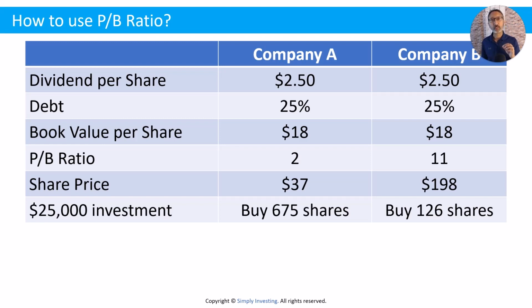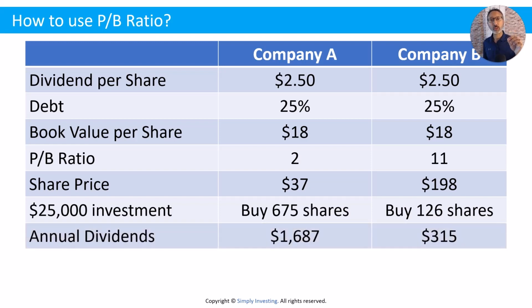Now remember, as dividend investors, you get paid the dividend per share. So the more shares you own, the more money you'll make in dividends. So even though we're investing $25,000 in company A and $25,000 in company B, the investment is exactly the same in company A and B. However, company A is going to pay you much more in annual dividends than company B.